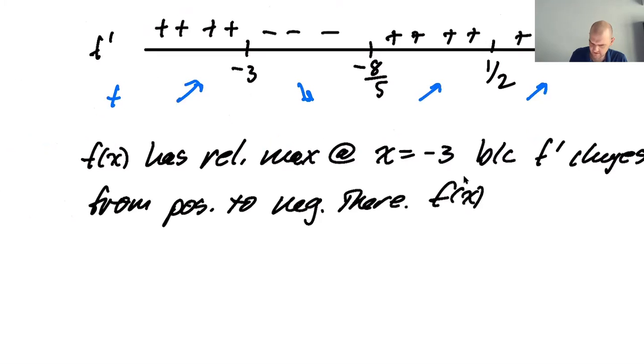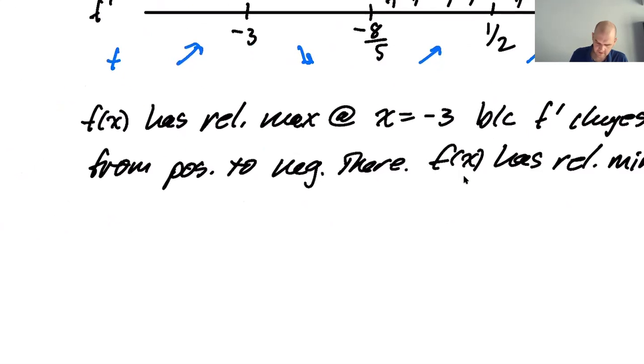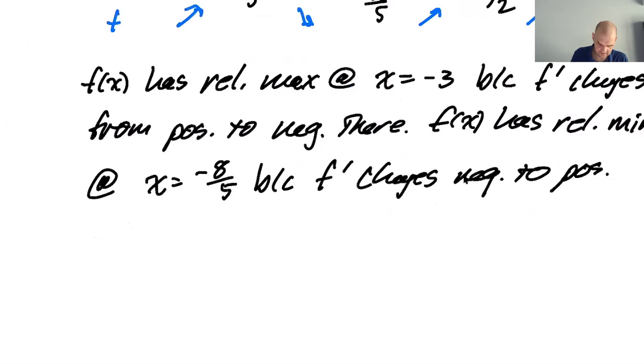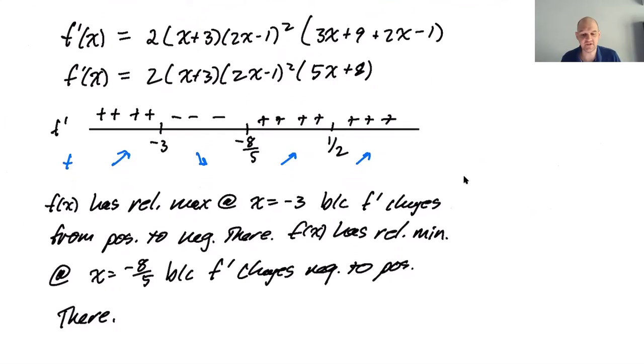And then f of x has a relative minimum at x equals -8/5 because f prime changes from negative to positive there. I'll put it down here. There you go. That's your first derivative test justification.